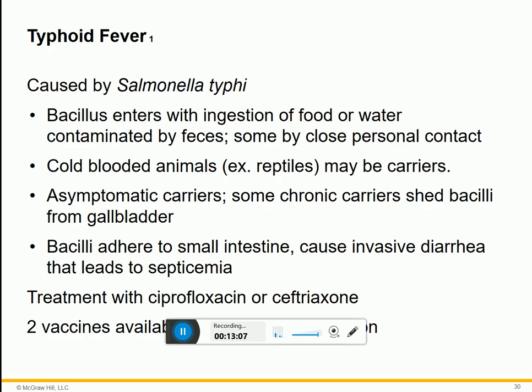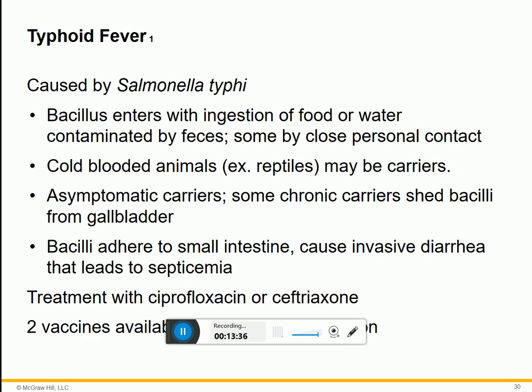Other asymptomatic carriers are food handlers, where the bacteria is hiding in their gallbladder and they tend to shed that bacteria, again, in their feces, not wash their hands properly, they handle food, and they transmit that to whoever eats the food.